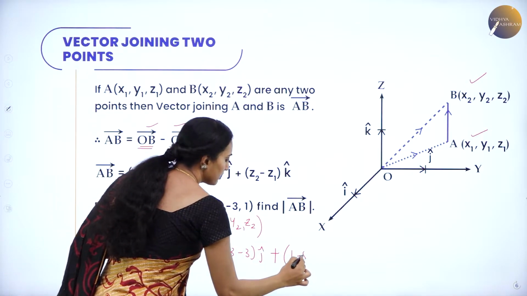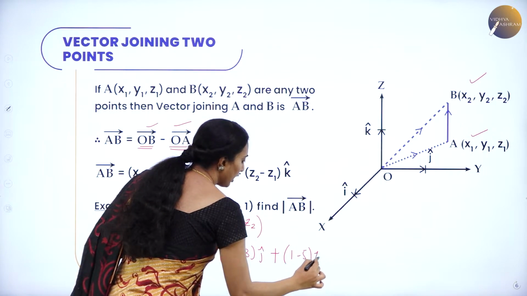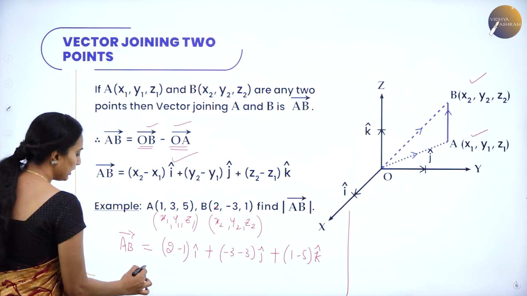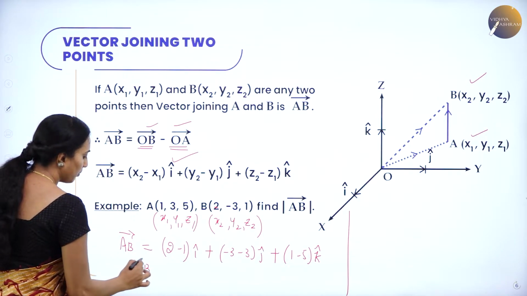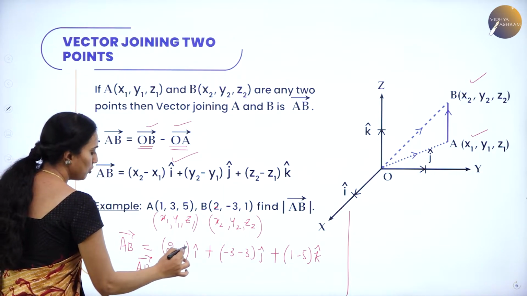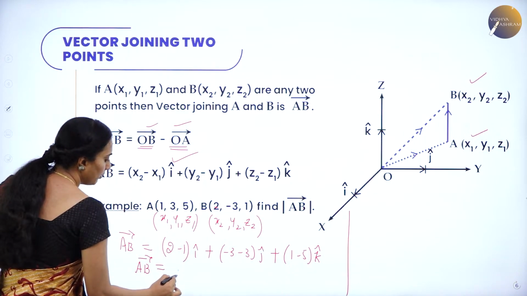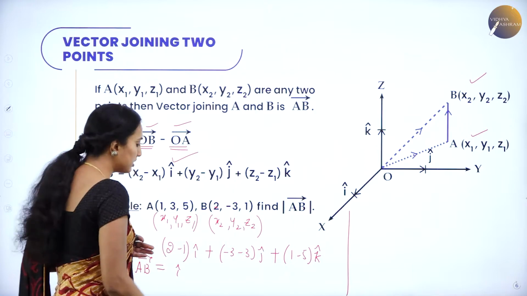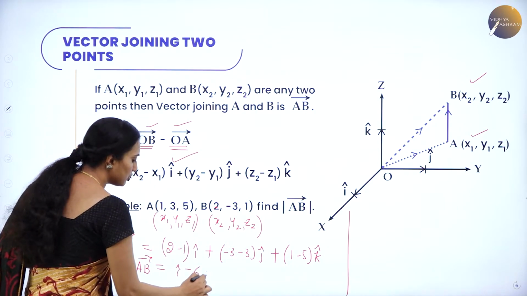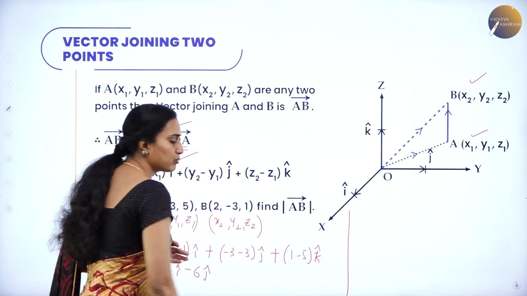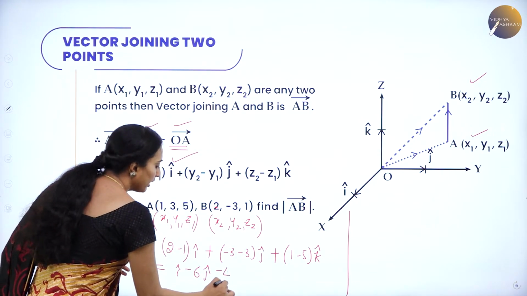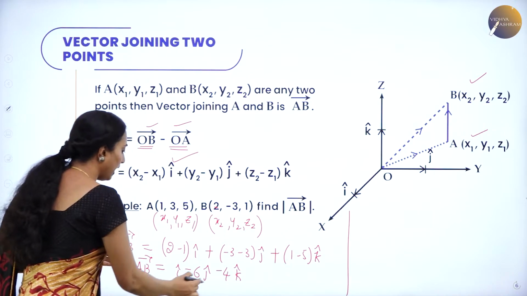So 1 minus 5 into k cap, correct? So what is the answer you are getting here? AB vector is 2 minus 1 is 1, so 1 into i cap as it is, minus 3 minus 3 is minus 6 j cap. Again 1 minus 5 is minus 4, so minus 4 k cap. This is what the AB vector is.